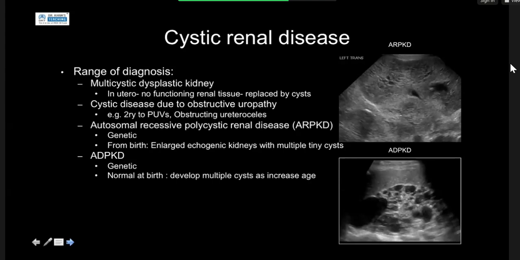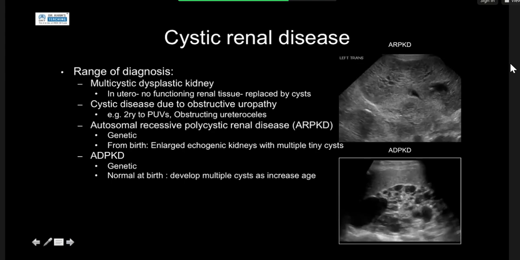And then the 2 other types of cystic disease we can see in pediatric patients are autosomal recessive polycystic renal disease, ARPKD, and that is the genetic form, which is, as it says, autosomal recessive, so you need 2 copies of the abnormal gene to have the condition. And this is a condition where the kidneys will look abnormal from birth. So in this top picture, this is an example of an ARPKD kidney.